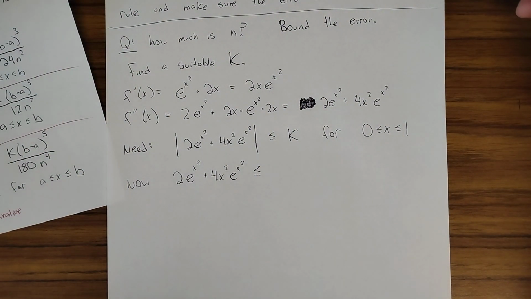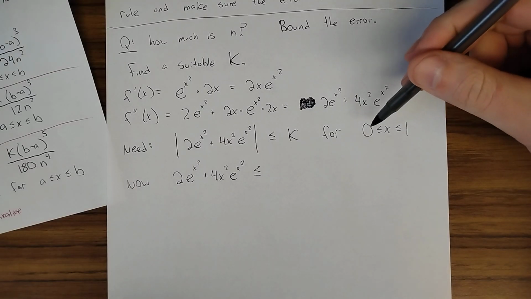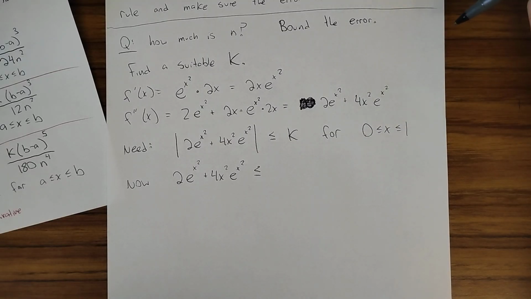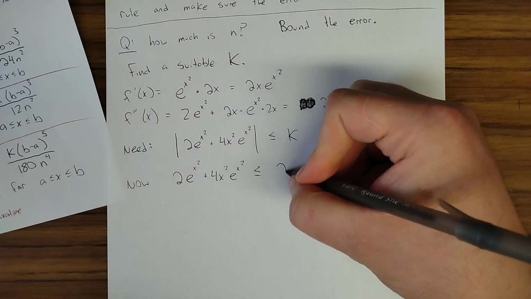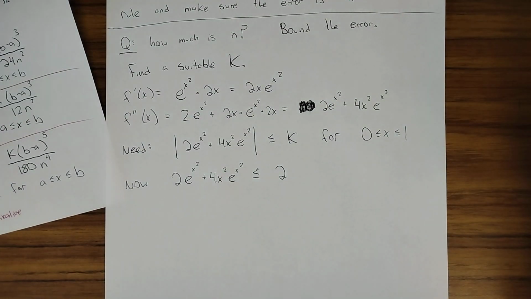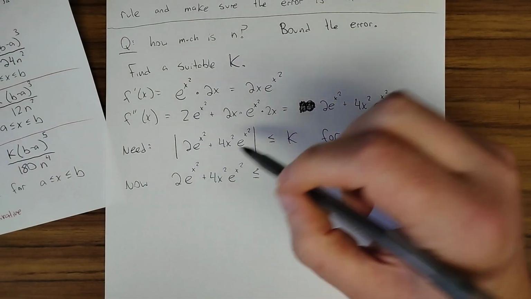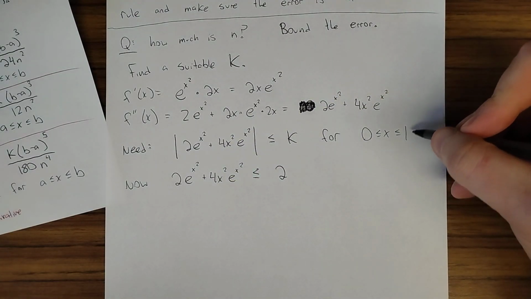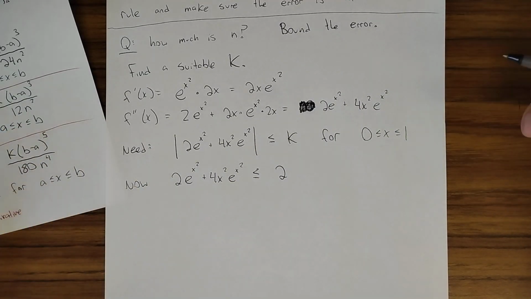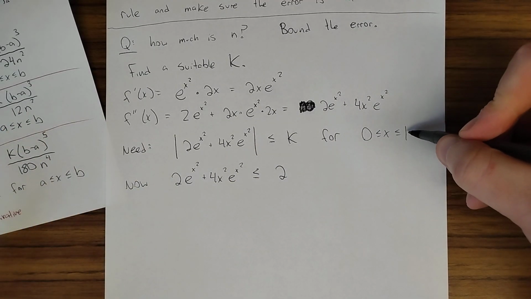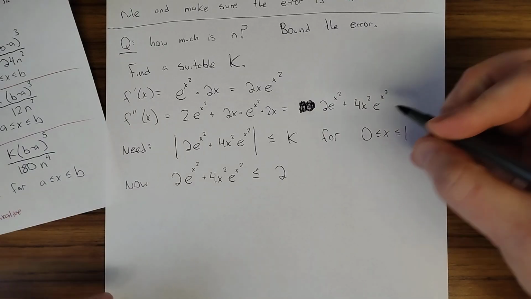Now let's think about how big this could possibly be, keeping in mind that x is between 0 and 1. So e to the x squared is going to be at most whatever I get when I plug in 1. A larger power of e always gets bigger. So the largest this could ever be is if I plug in the largest possible value of x, which is 1.